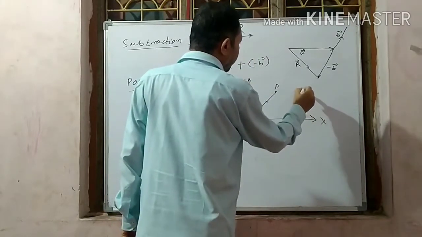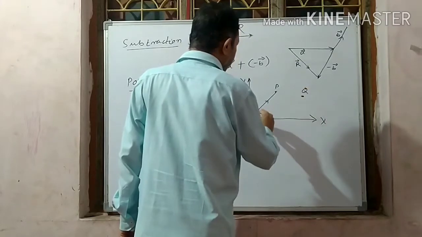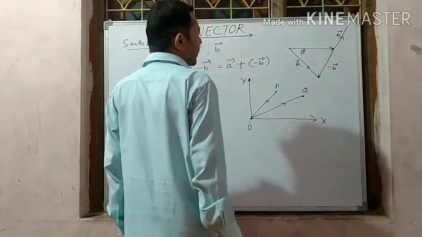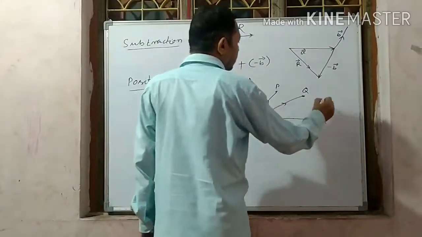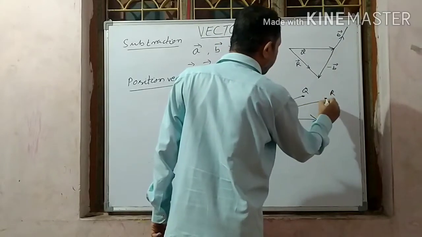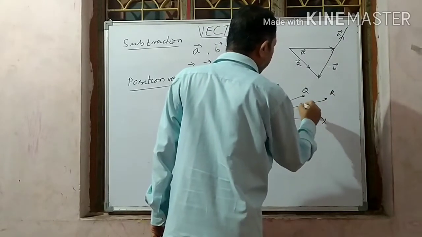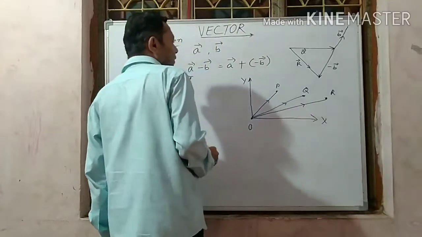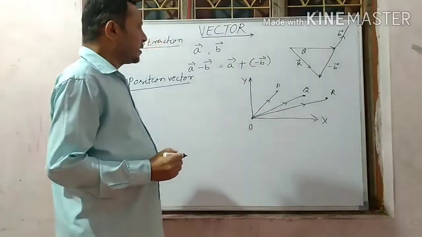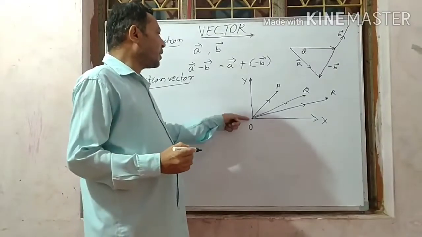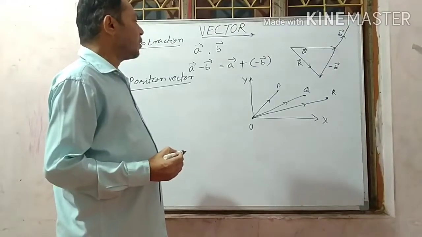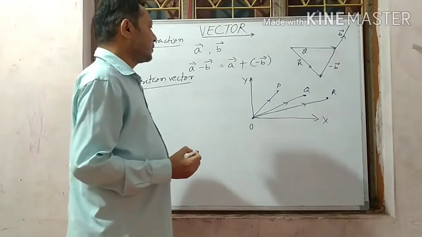Another point is here, point Q. The position vector of Q is vector OQ. Suppose another point is here, R. The position vector of R is vector OR. So the position vector of a point is the vector drawn from origin to that point. That is called the position vector.